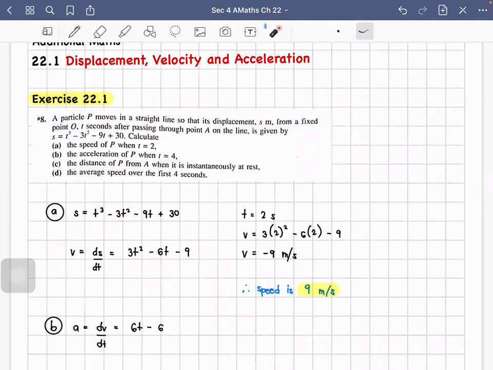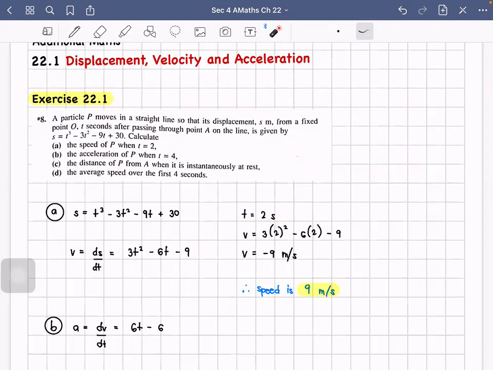When t is equal to 2 seconds, just plug in 2 in place of t in the function. So velocity is negative 9 meters per second. Therefore, the speed is 9 meters per second. That's your answer for letter A. Again, speed is the absolute value of velocity. Now let's go with letter B.